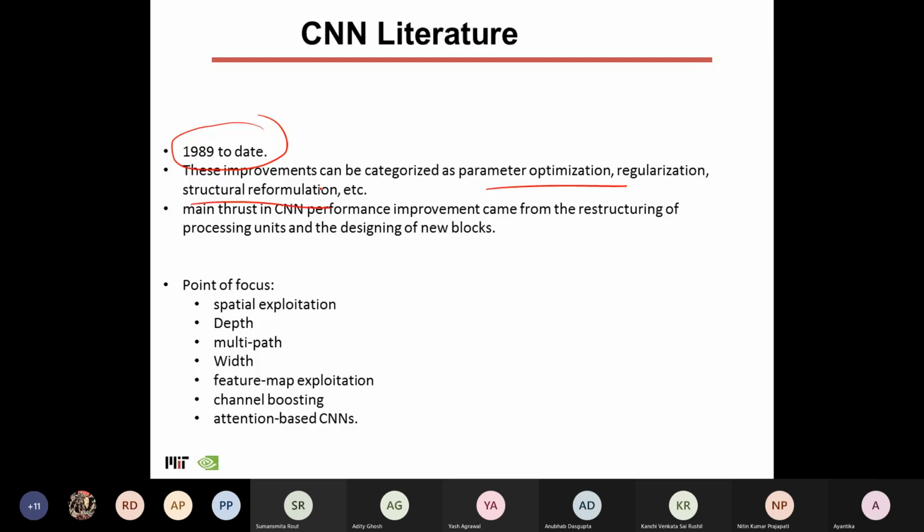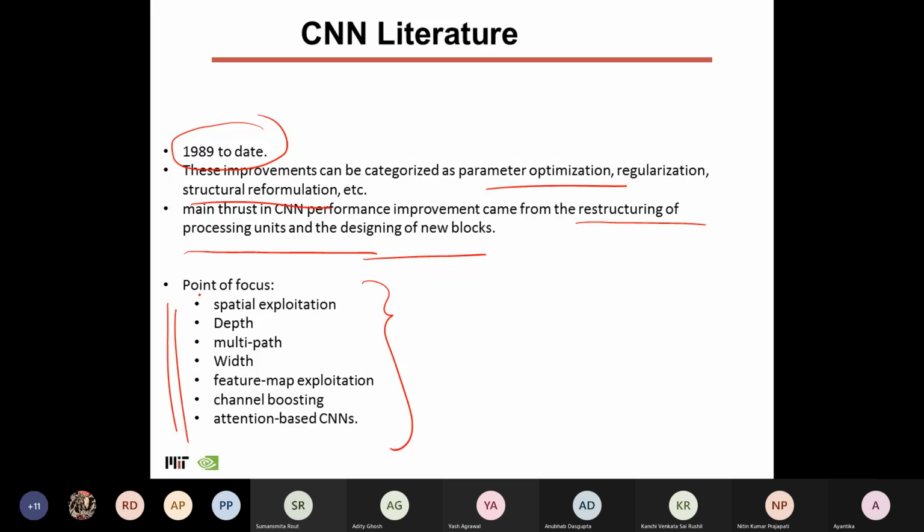That is very important, and you will see these in each and every step. The main thrust of CNN performance improvement came from the restructuring of processing units and the designing of new blocks. We will see this point of focus step by step.